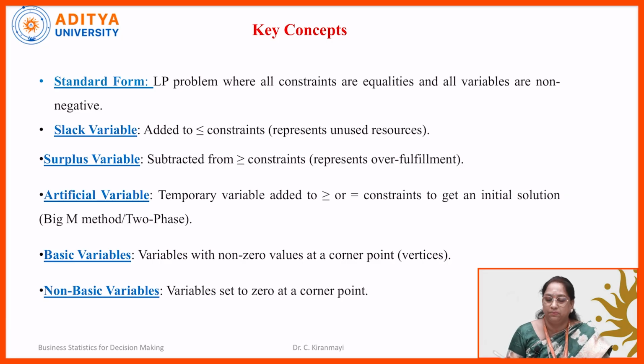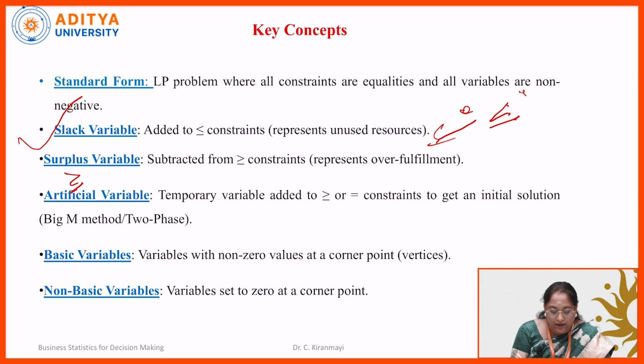After that, all the constraints which are in the form of inequalities are to be converted into equalities. Suppose the constraint is of less than type, we introduce slack variables.